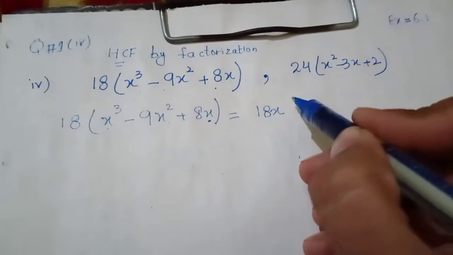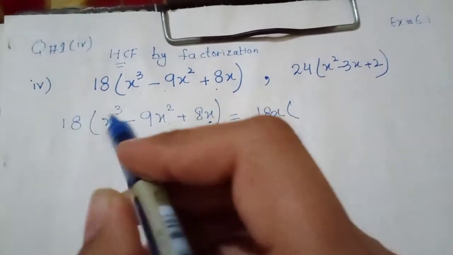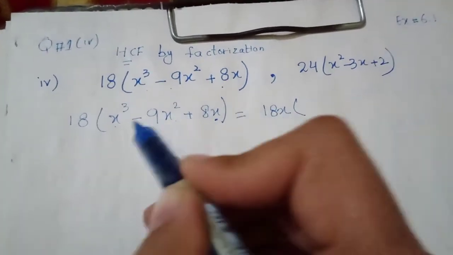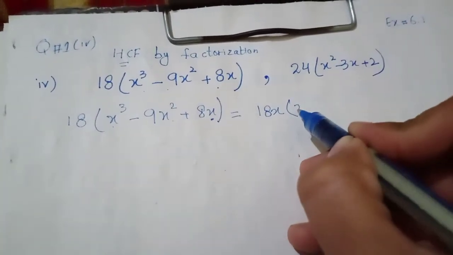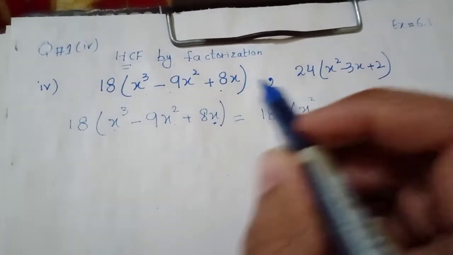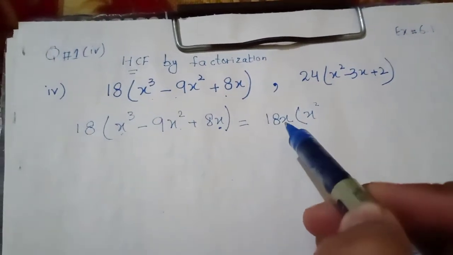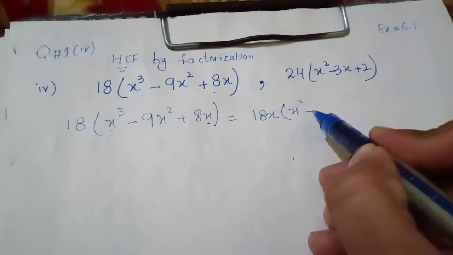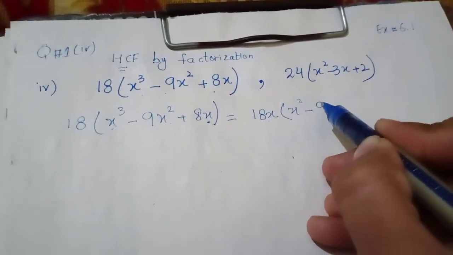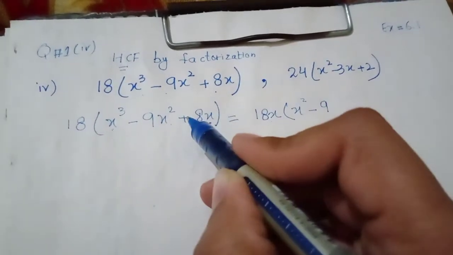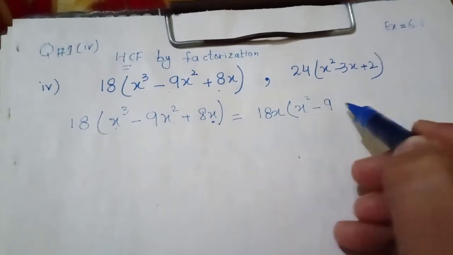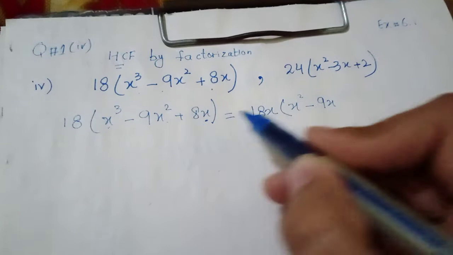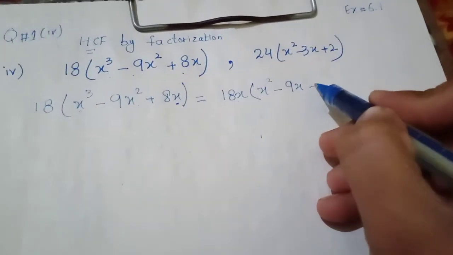So 18, x is common, and what is left inside? 1x is written as common outside, so you have left x square. Is it clear? This is x cube, x is taken out, so we have left x square, minus 9 x square, 1x is common, so we have left 1x inside the bracket, plus 8x.